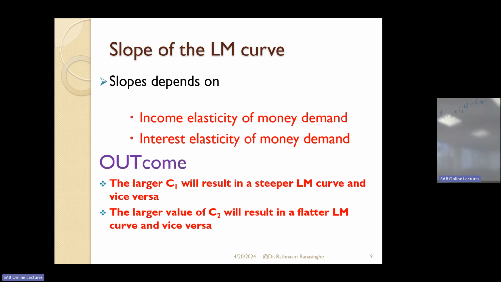Sometimes the LM curve becomes steeper, sometimes flatter, and that mainly goes by the income elasticity of money demand and the interest elasticity of money demand. Those are very important. Whether the income elasticity or the interest elasticity of money demand is high or low, we need to look at the slope of the LM curve.